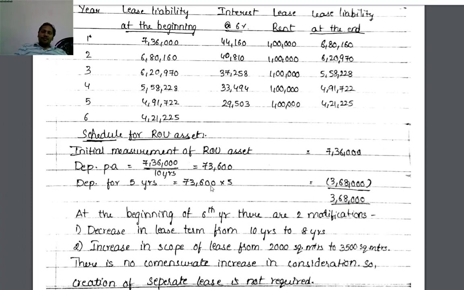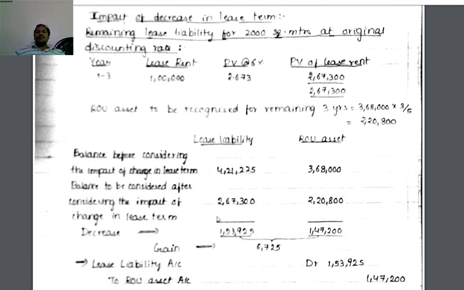Or simply, 73,600 is the depreciation per annum. 2 years we are reducing. For 2 years it comes to 73,600 into 2, 1,47,200. This is simple calculation. Now, lease liability decreases by 1,53,925. ROU asset reduces by 1,47,200.